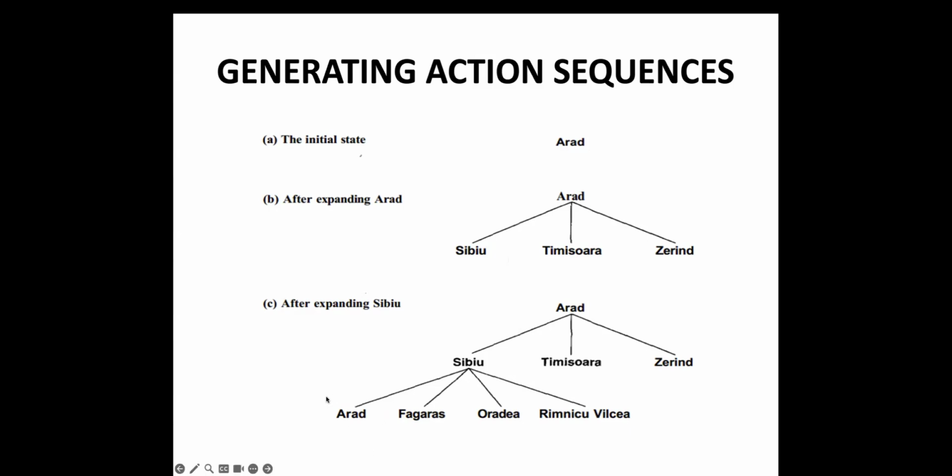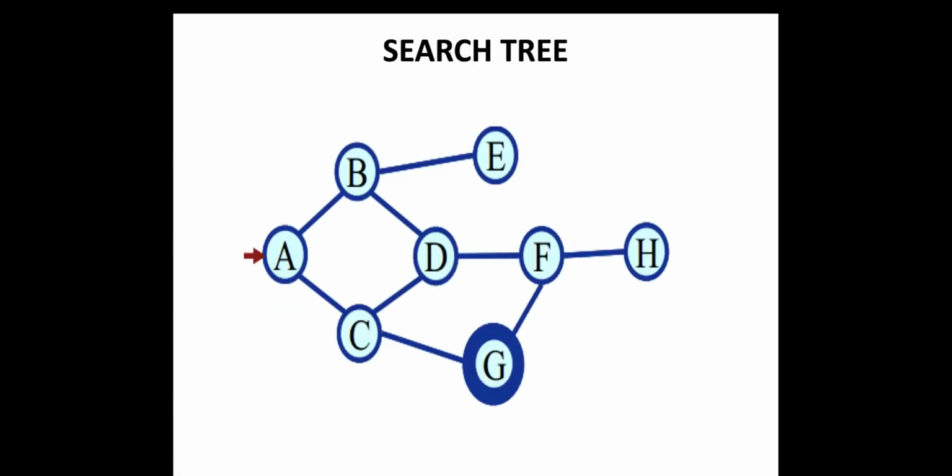Later on, I'm going to talk about how we can avoid having a loop where, for example, here we started from Arad. We know that it's not a goal, but when we get to Sibiu, there is a possibility of going back to Arad. Since we already know that this is not a goal, we can do something about it so that we avoid having a loop where we keep going back and forth between states which we know are not the goal.